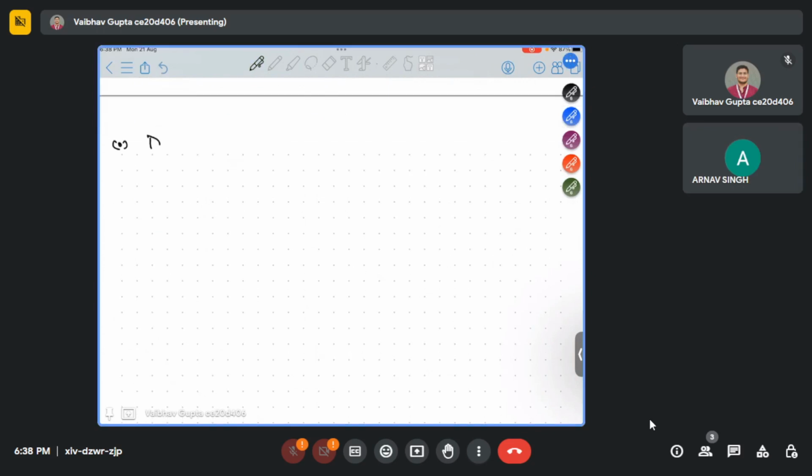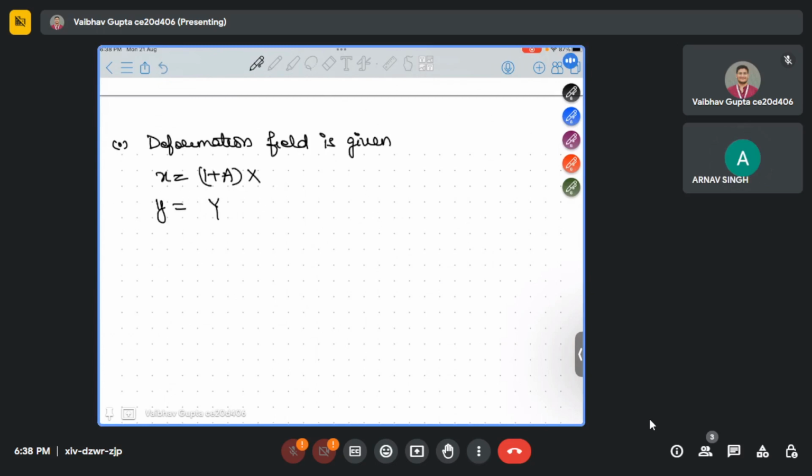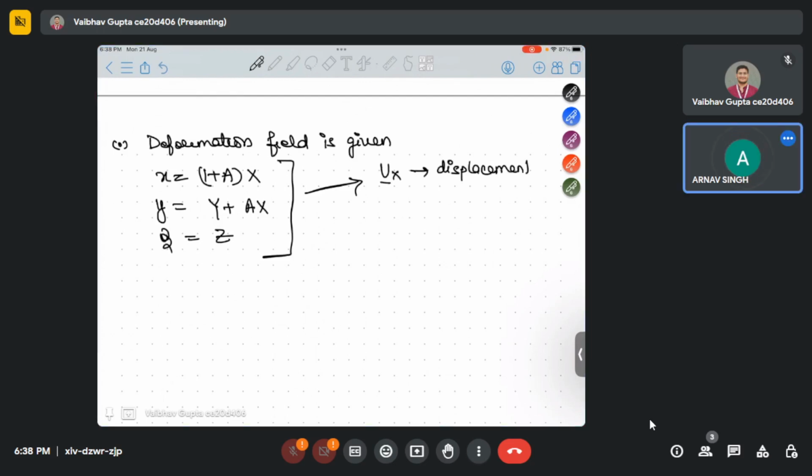The deformation field is given to us: small x is equal to 1 plus a into capital X, small y is equal to capital Y plus a capital X, and small z is equal to capital Z. First we found out U of capital X, the displacement vector in material form.